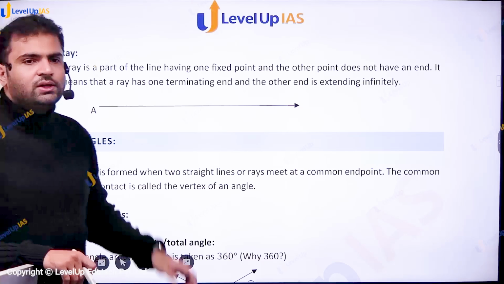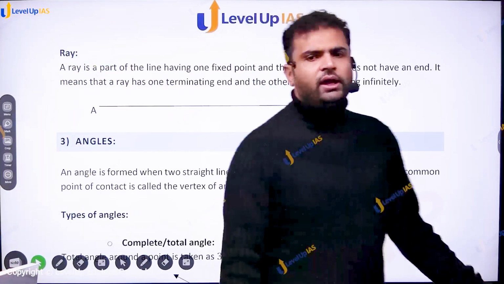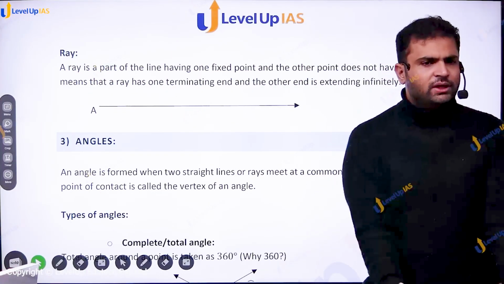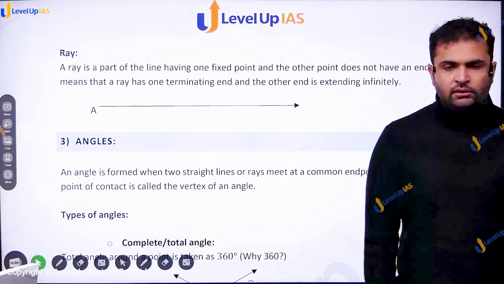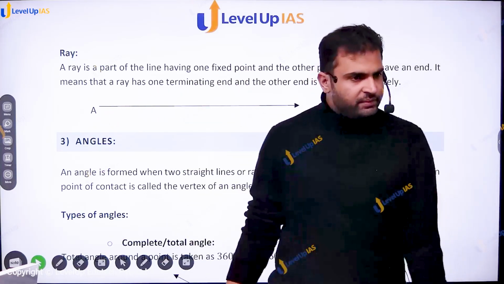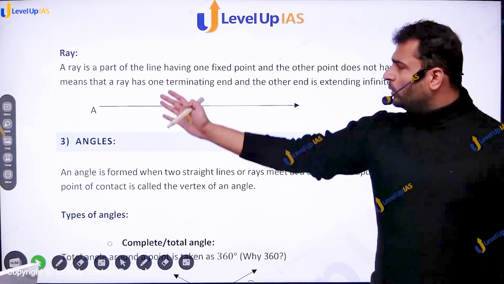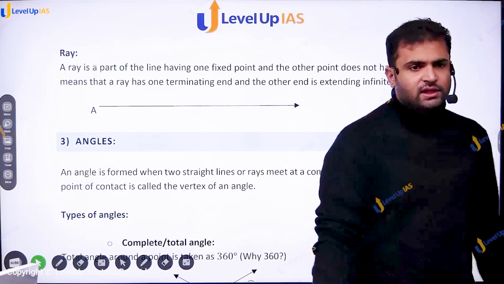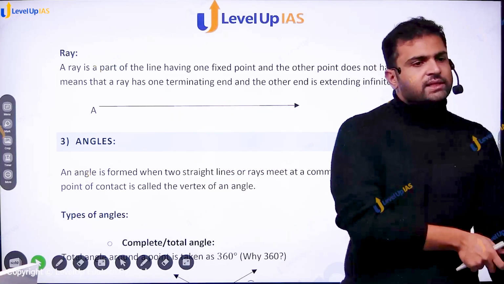Next terminology is ray. Ray is in between line segment and line. What we have is one fixed point A, and from there you have a line extending to one side.